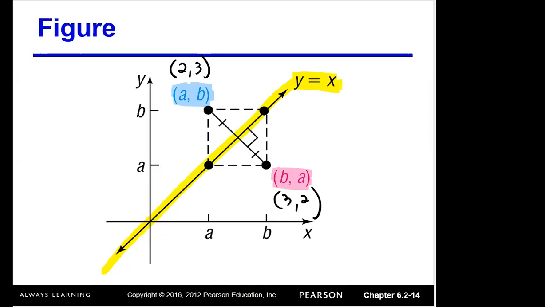But for inverses, they always fold along the main diagonal of your graph, and the main diagonal is literally the equation of y equals x. So when you're on this line, like this point here is 1, 1, and this point here is 2, 2, and this point here is 3, 3, and 4, 4, that's that line where the x always equals the y. So when you do the inverse, you get a mirror image.